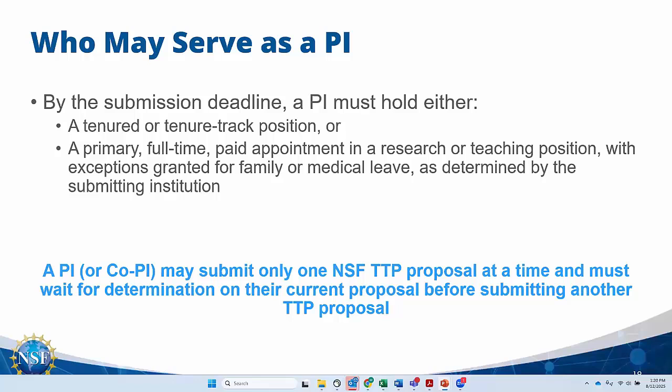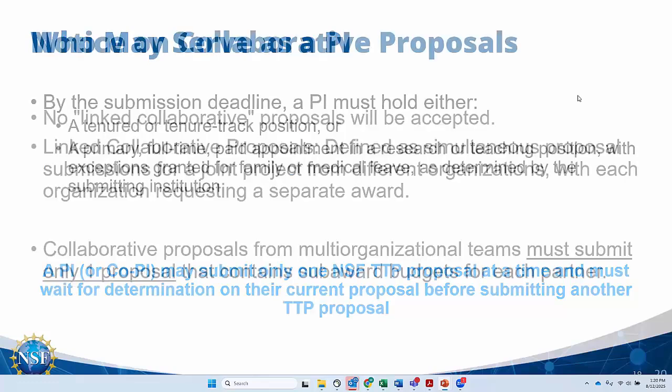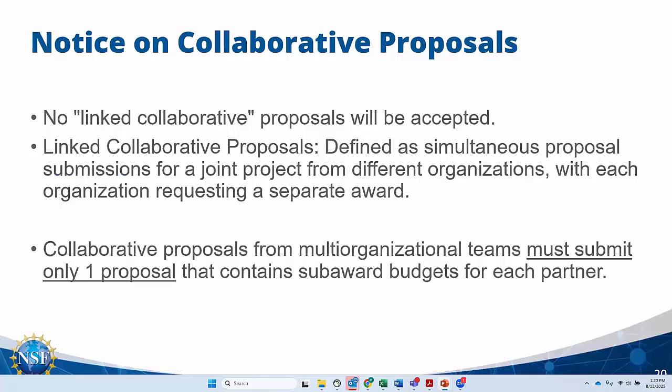The only restriction is that for any individual, they can have one TTP proposal in process. So until you get a decision, decline or award, you cannot apply for another concurrent, for another deadline or same deadline. So at any time, you cannot have more than one proposal in process.